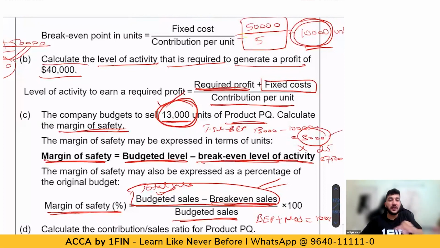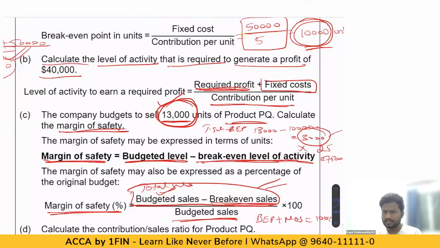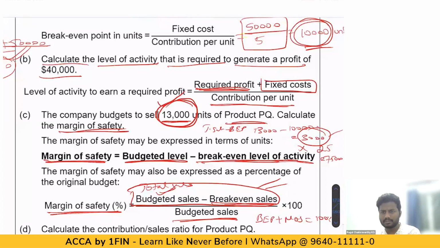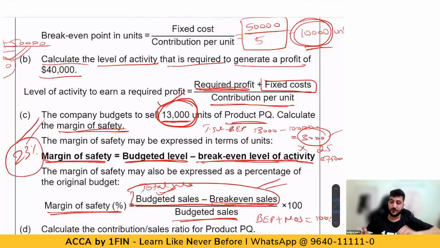So percentage will be 3,000 into 25 divided by 13,000 into 25 into 100, or you can just do 3,000 divided by 13,000 into 100. How much did you get? 23%. Done.